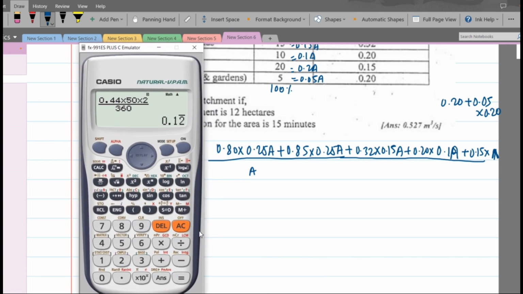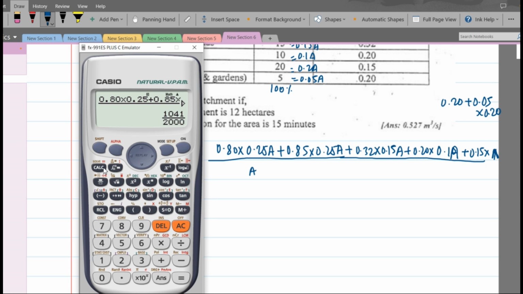So if we calculate all of these, it will be 0.80 into 0.25 plus 0.85 into 0.25 plus 0.32 into 0.15 plus 0.20 into 0.1 plus 0.15 into 0.20 plus 0.20 into 0.05, right?